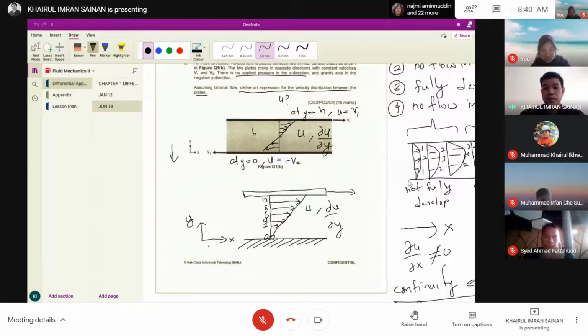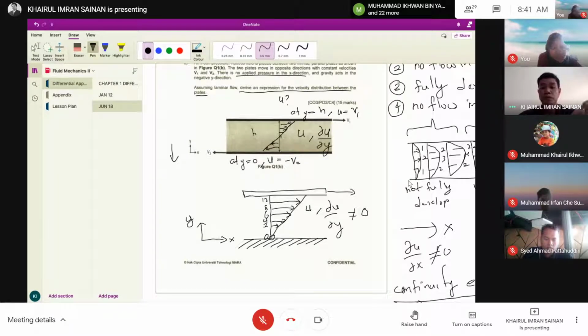Yeah, because of the x component, your velocity will be u velocity, and then the change of u towards the y direction, right? So basically, del u over del y is not equal to 0, because there is a change of u towards y.